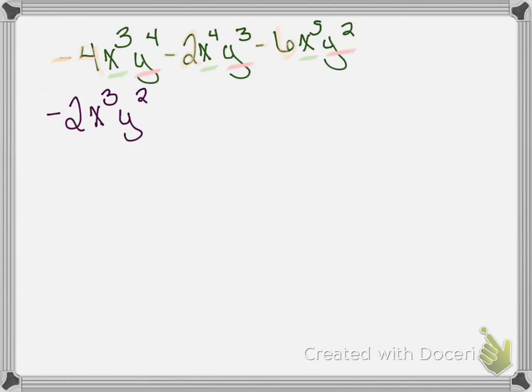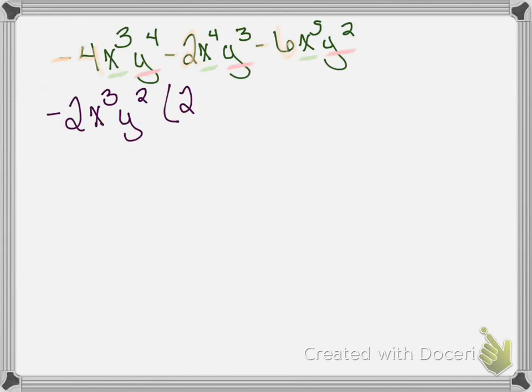So now I ask myself, -2 times what gives me -4? 2. Okay. X to the third times what gives me x to the third? 1. Now, a lot of people will say nothing. A lot of people will say x to the third times nothing gives me x to the third.